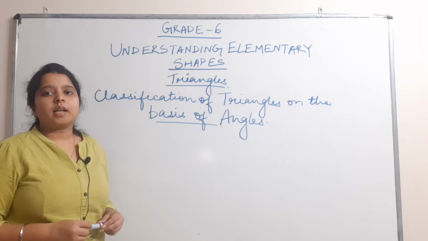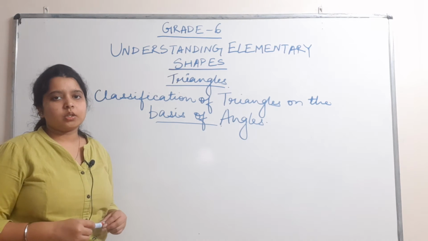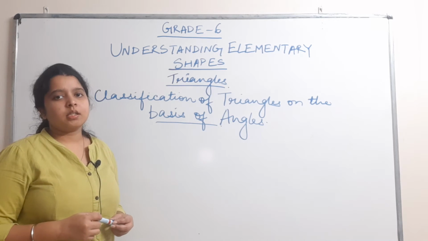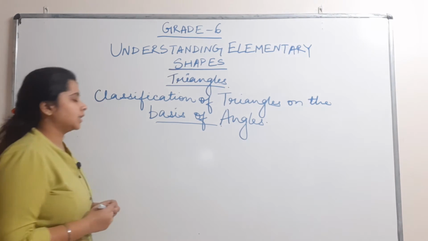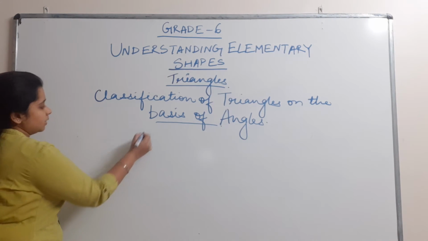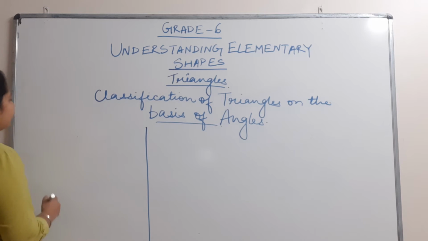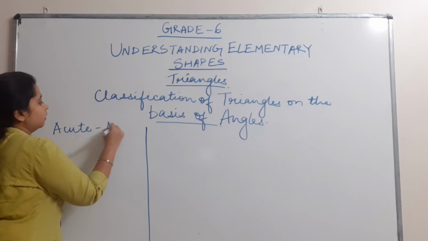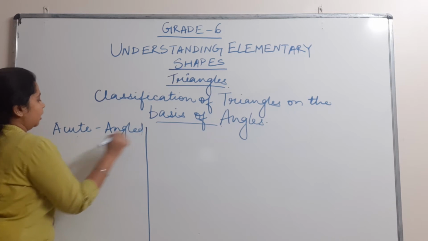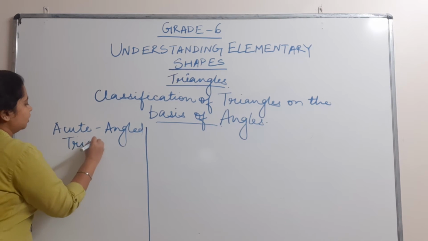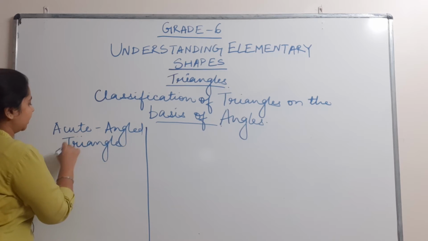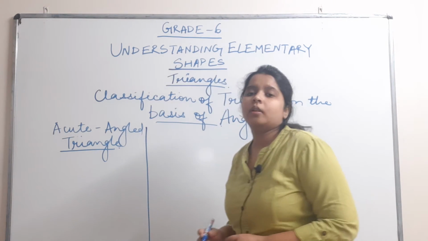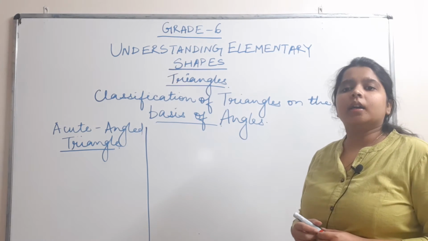Now we learn classification of triangles on the basis of angles. There are three types of triangles according to this classification. First is acute angle triangle. In this triangle all the angles of the triangle are acute.